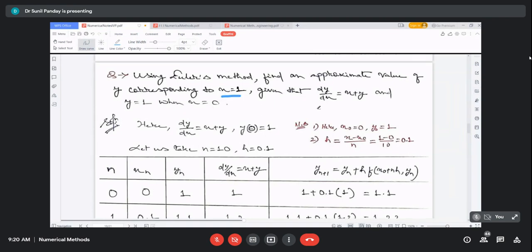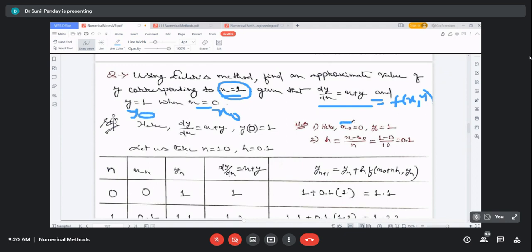Now we have to use Euler's method to find the approximate value of y corresponding to x equals 1, given that dy/dx equals x plus y, and this is actually our f(x, y). So here you have to calculate the value at x equal to 1. Initially x0 is 0 and y0 is 1, as given.